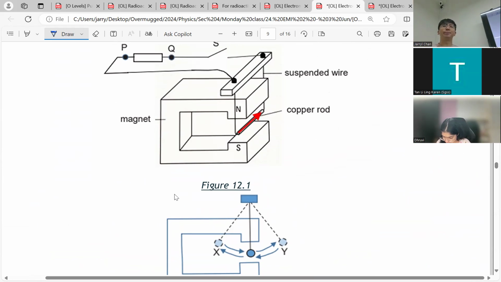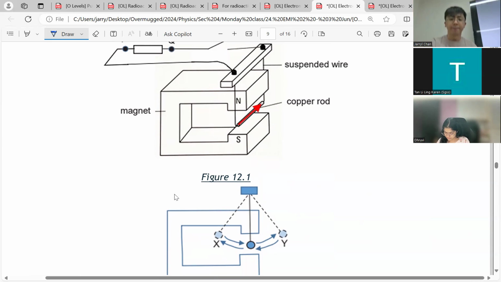We established induced EMF. Force pointing to the right, magnetic field pointing up, like this. Okay. Therefore, current is flowing into the page. Induced EMF is flowing into the page. Okay, therefore the arrow is drawn this way into the page.